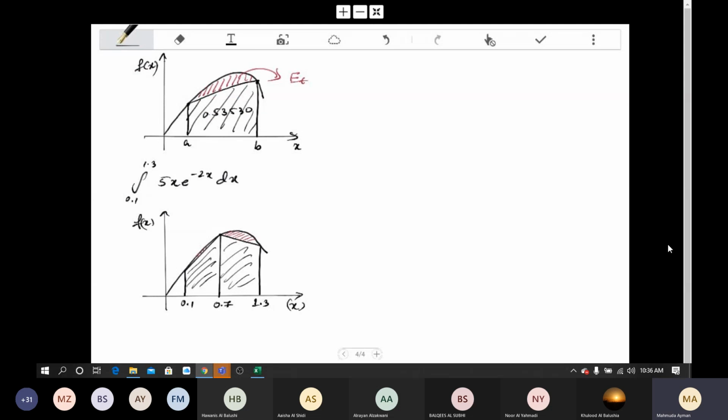Now let me just give you the value. When we had this one segment, the approximate area under the curve, or the integral, we got was 0.53530.